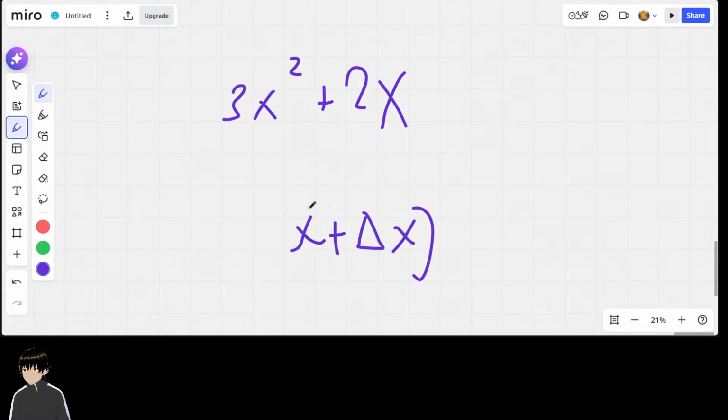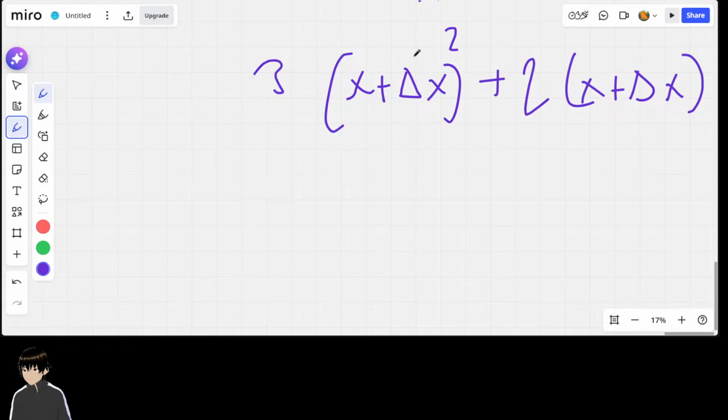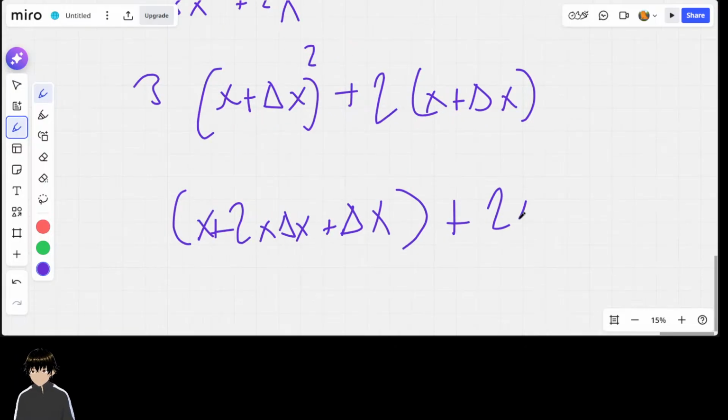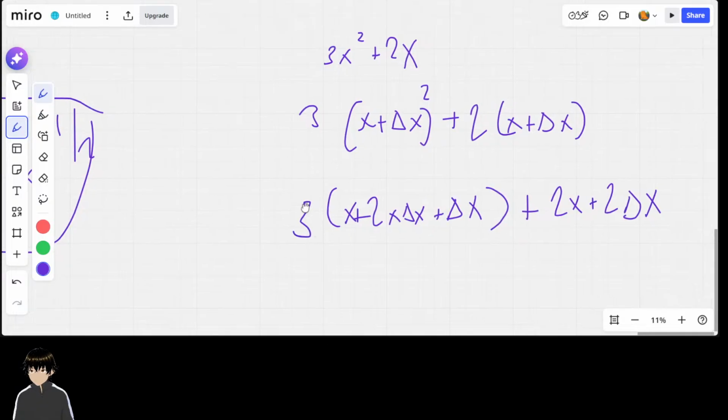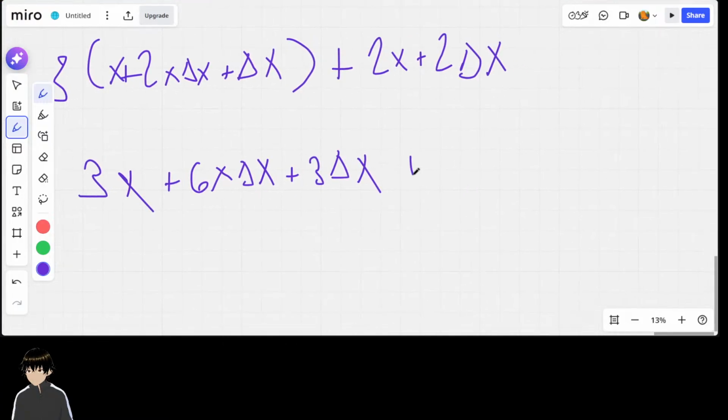Square here, 3 here, 2 squared. So since it's square, you have to, which is about 3x plus 6.